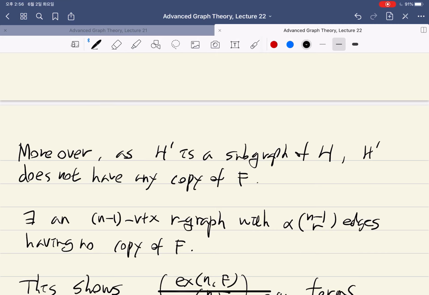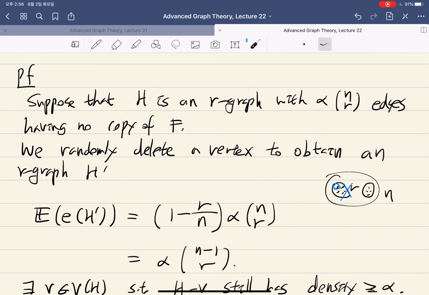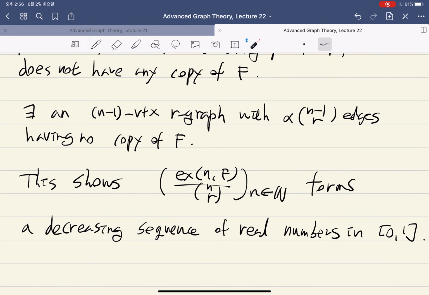Because such an existence of H prime, such an existence of F is the same as this for n.